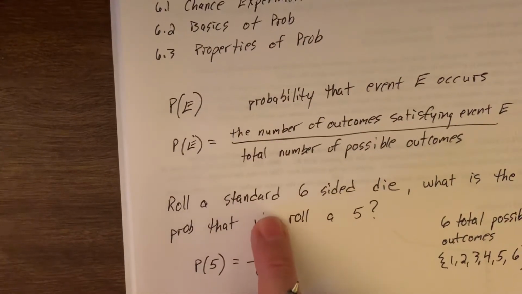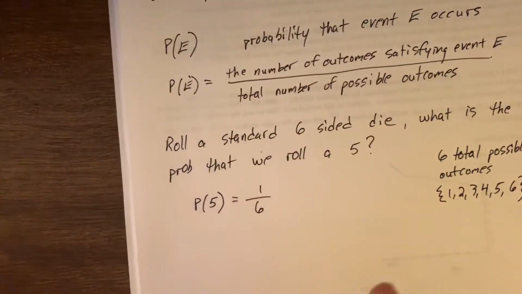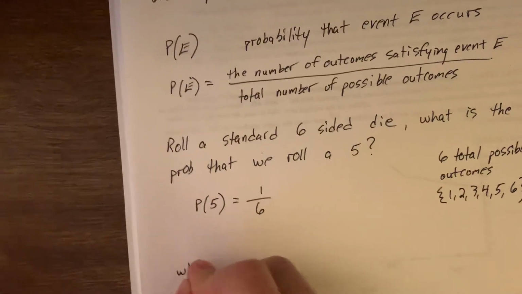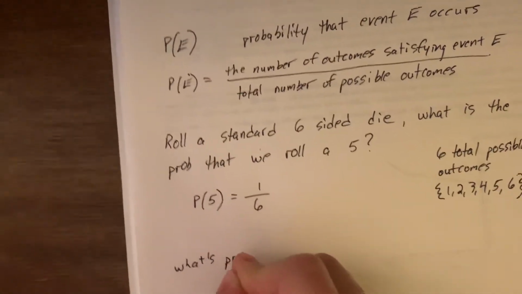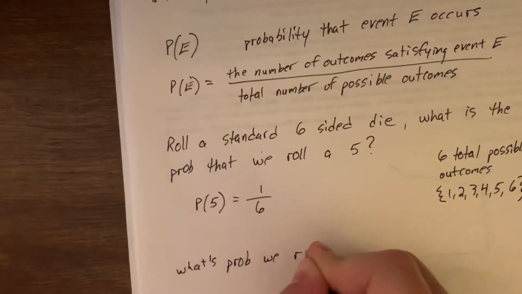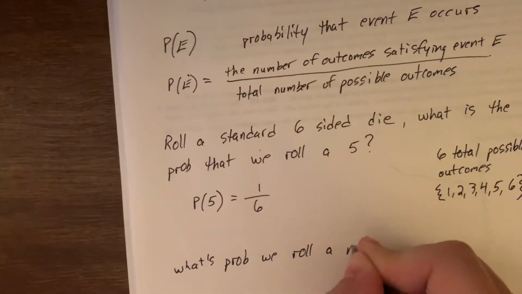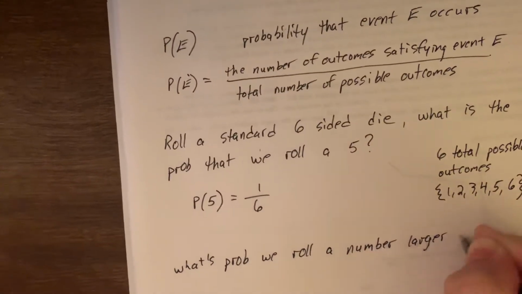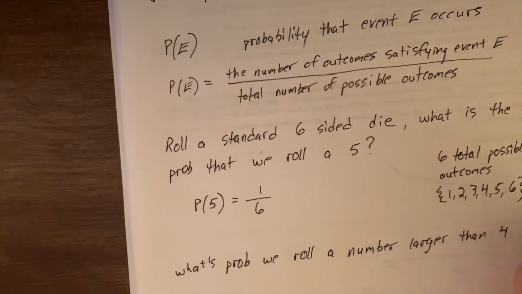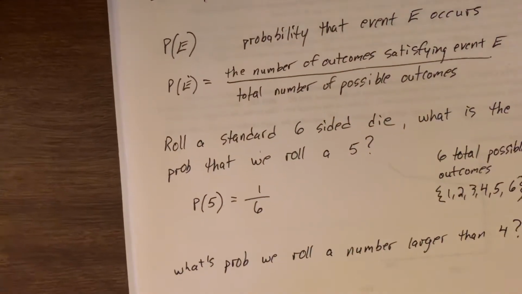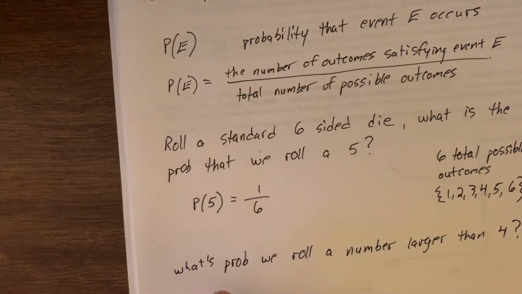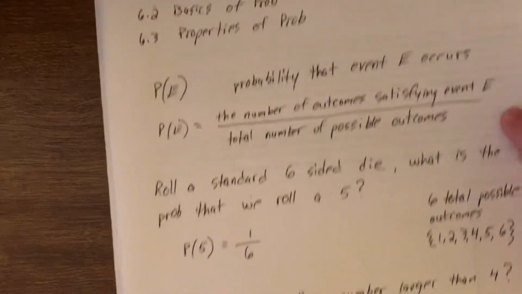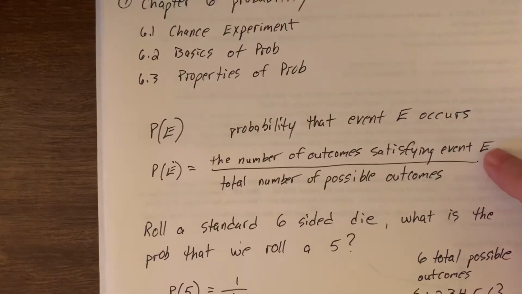Let's still roll this standard 6-sided die, but now, what's the probability we roll a number larger than 4? Still the same basic situation. We're still rolling a die, and you'll notice as we keep going forward, there's always two components to our probability formula that we're always looking for.